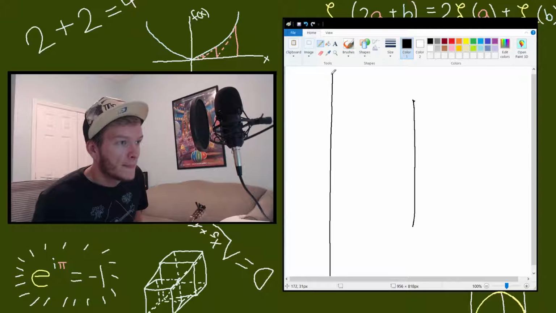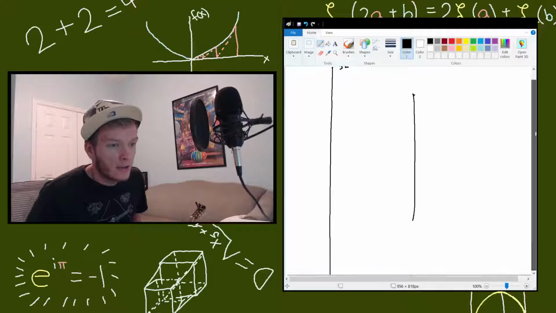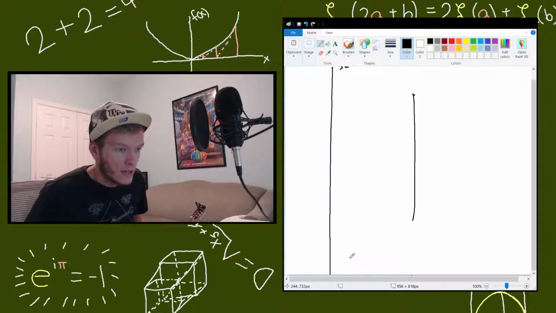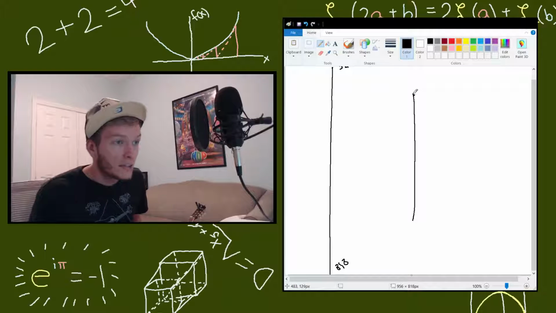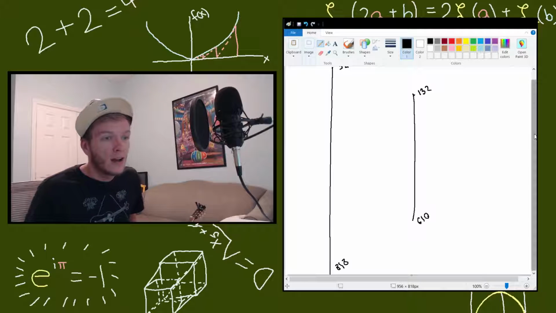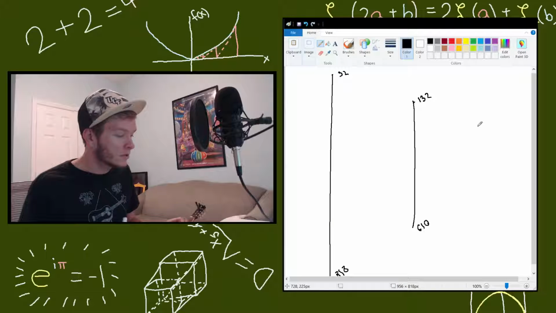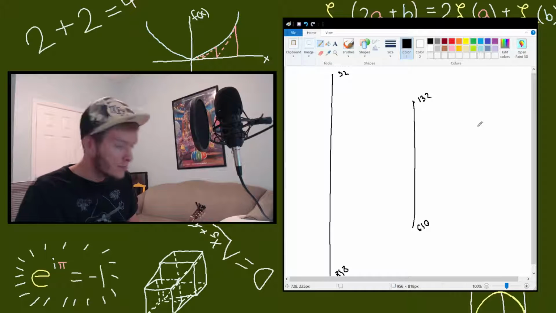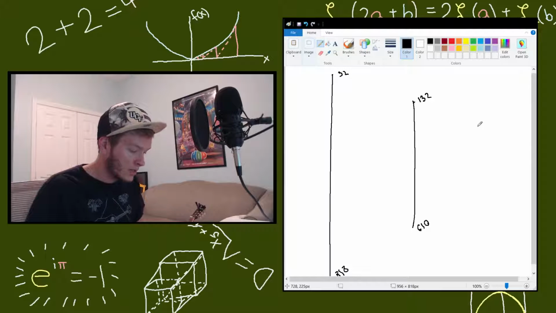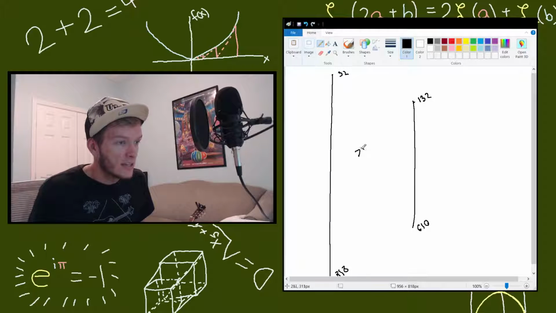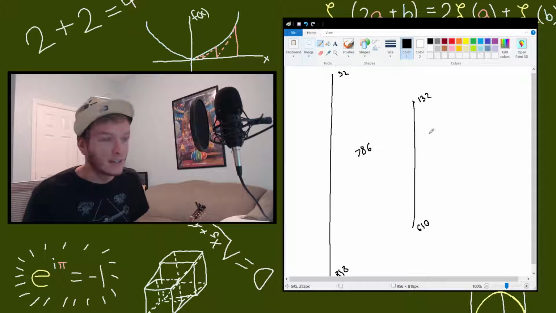So if we take this Y value, which is 32, and we go down and take this Y value, which at the moment is 818, and we'll take this Y value, and that's going to be 132, and this Y value, that's going to be 610 about. This is obviously going to be approximate, but we're going to subtract 32 from 818, so that's going to be 786, sorry about that.